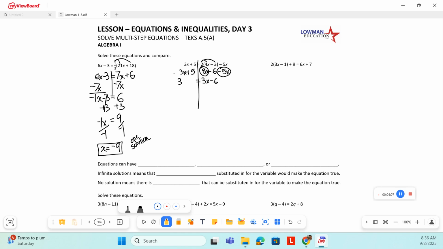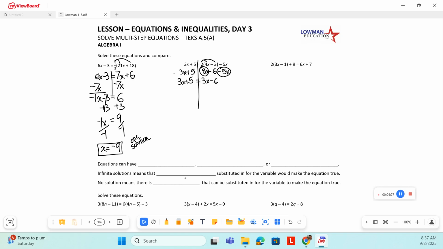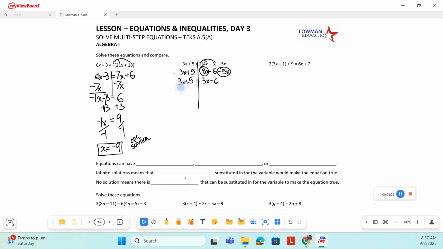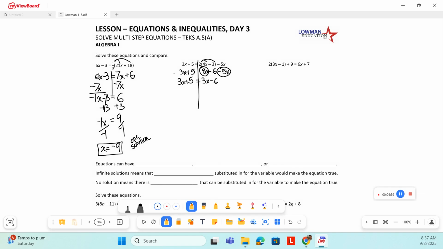Then I have 3x plus 5 over here still. And so we're already noticing a couple things. I've got over here some stuff that is going to look the same. If I subtract 3x on both sides, that has the potential to cause some problems for me.